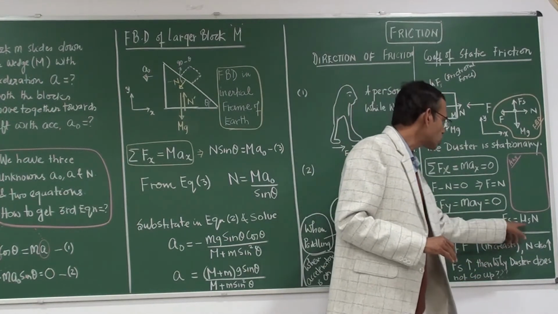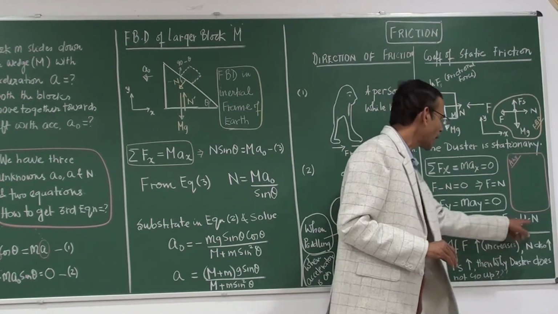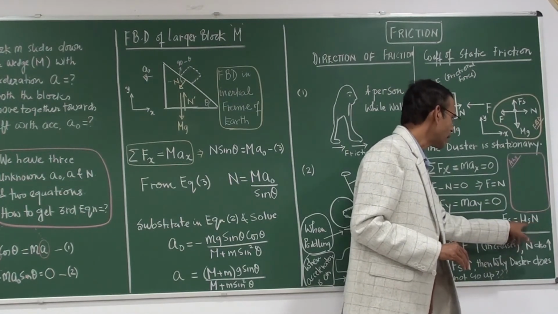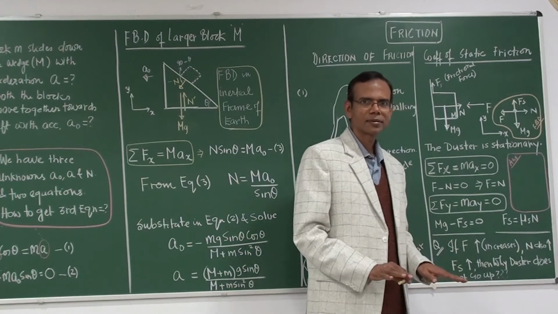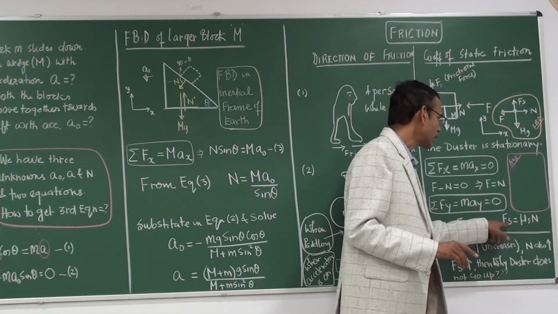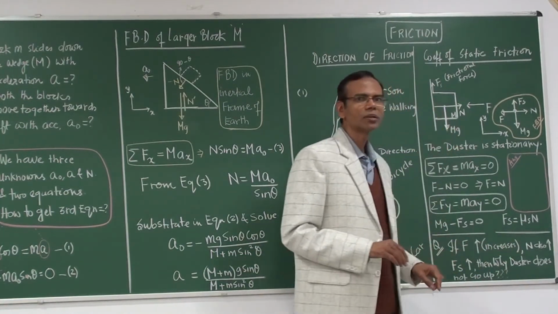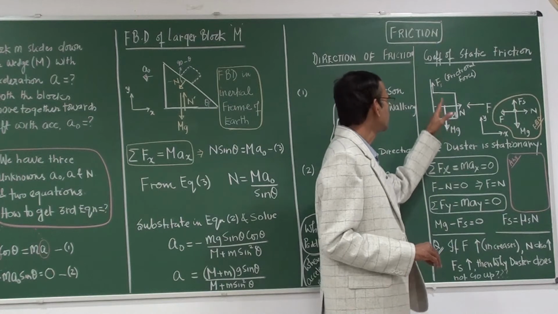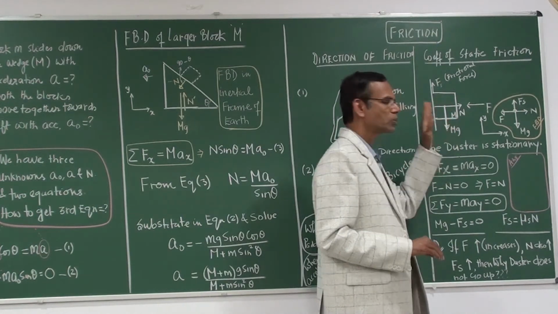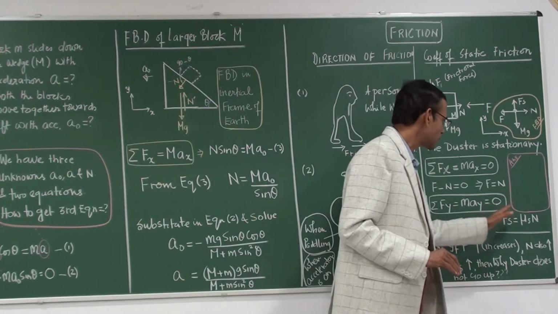So as N increases, mu s will decrease and Fs will remain constant, and that is why the duster is not falling, because the force of friction is equal to the force of gravity; they balance each other. So this is the reason.